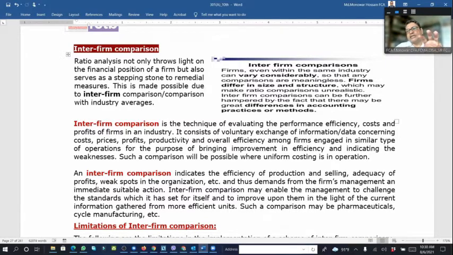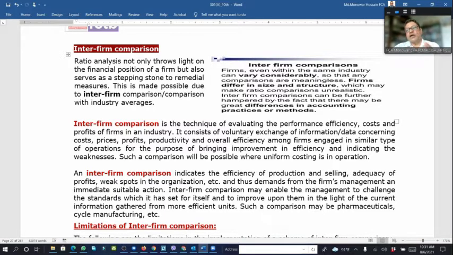Acquisition means company A plus company B equals company A, and company B vanishes. So company B is a small company, swallowed by the bigger company. So company A is the bigger one. So entity, that means existence of company A at this moment, no existence of company B. So that is the acquisition. And merger means both companies lose their entity and a new company arises.